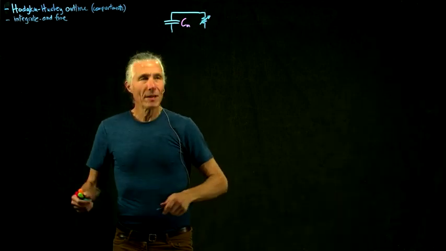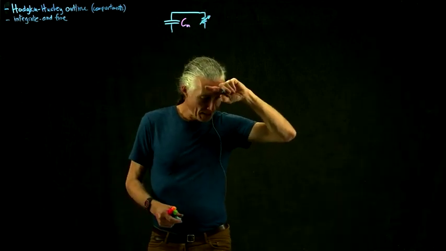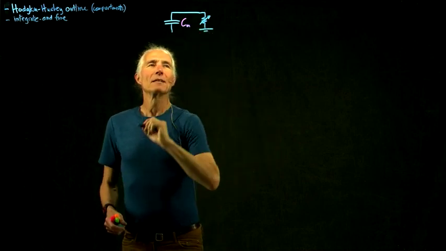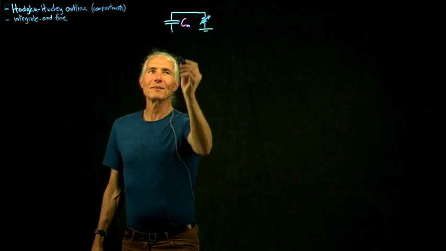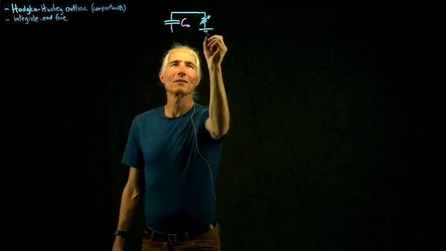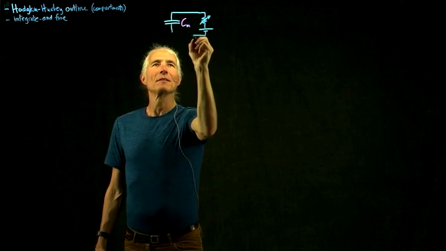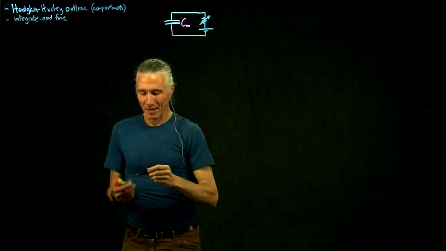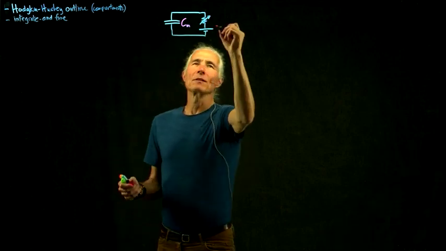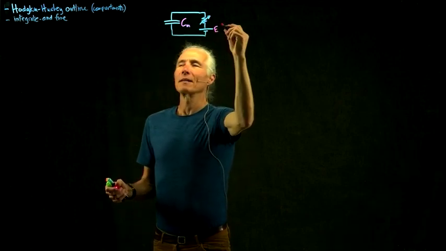But then we have something that looks different than the capacitor. That's a battery. That's the electrical circuit model for a battery, and the battery is basically the Nernst potential for a particular ion.